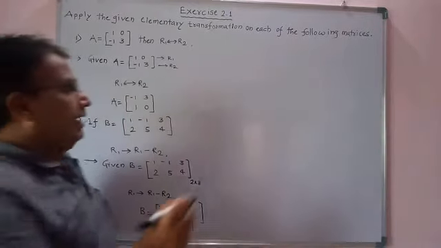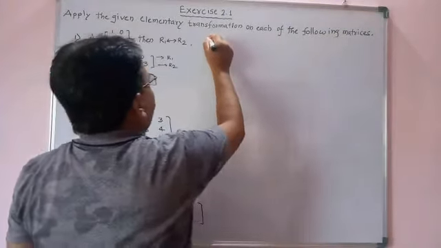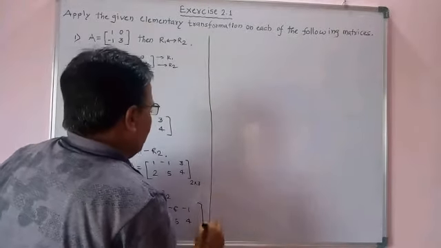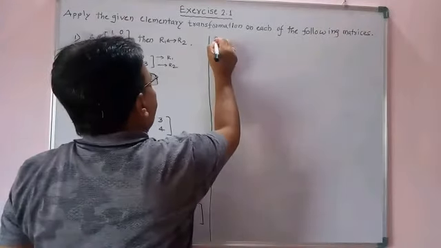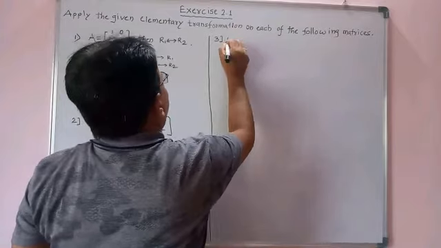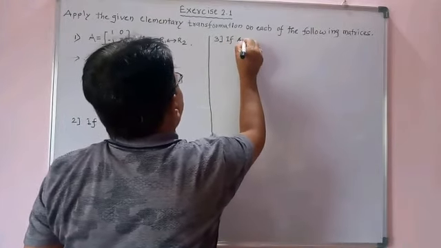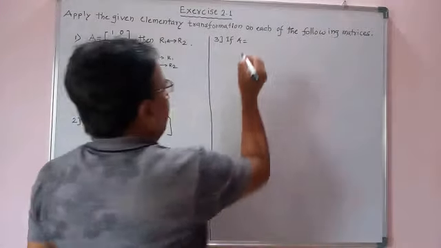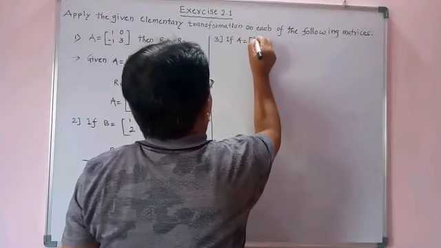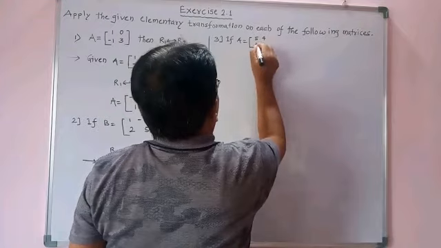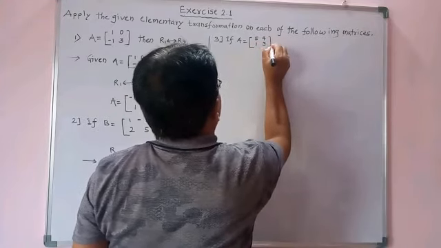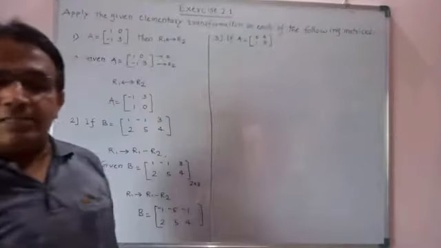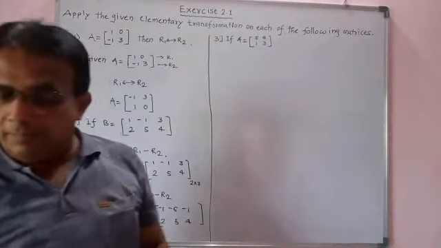Okay. And the third example is: if matrix A is [5, 4; 1, 3], this is a square matrix.